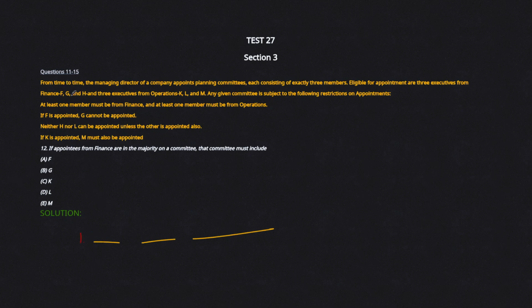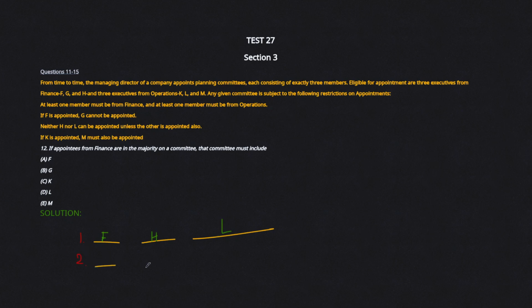This is scenario number one. In scenario number one, let's consider F and H, because we need at least two out of these three to be in the committee to have the majority in favor of finance. So let's go with F and H for now. F and H, and if we have H, we also need to have L. So there you go, F, H, and L. This is the first case.